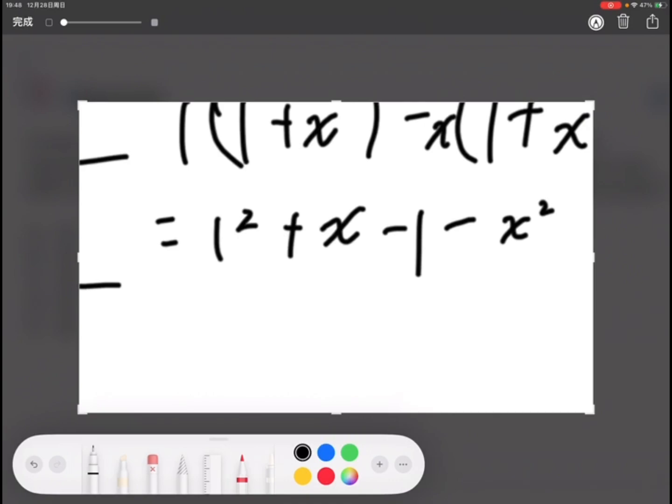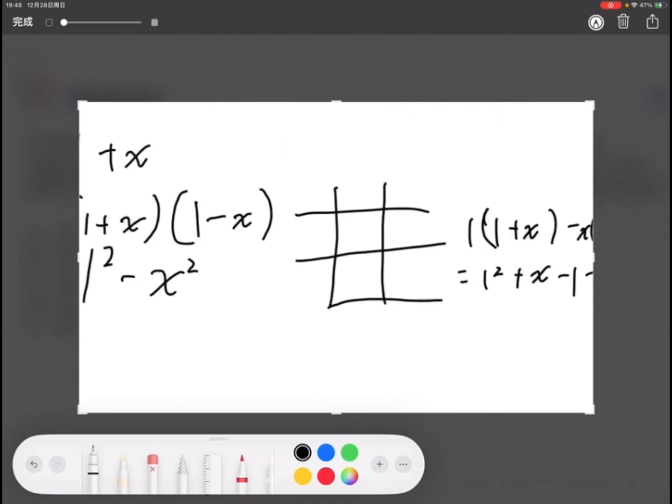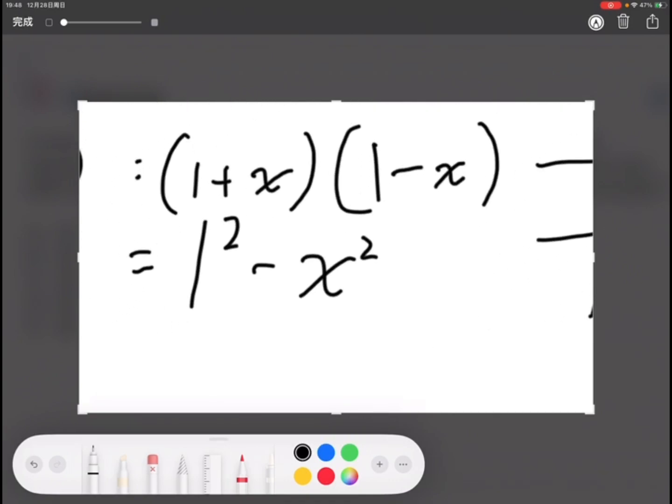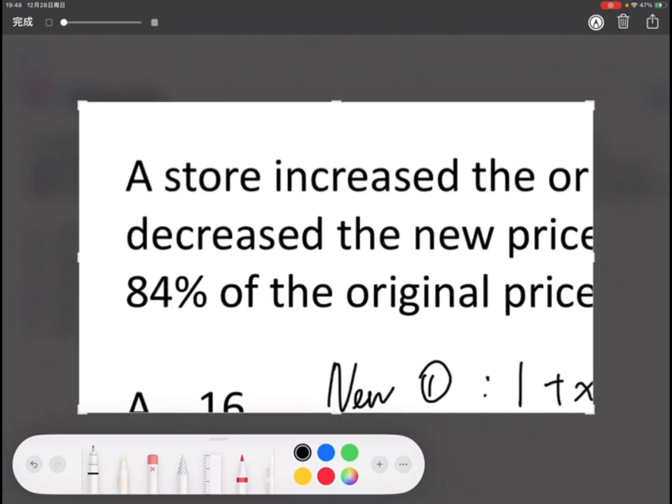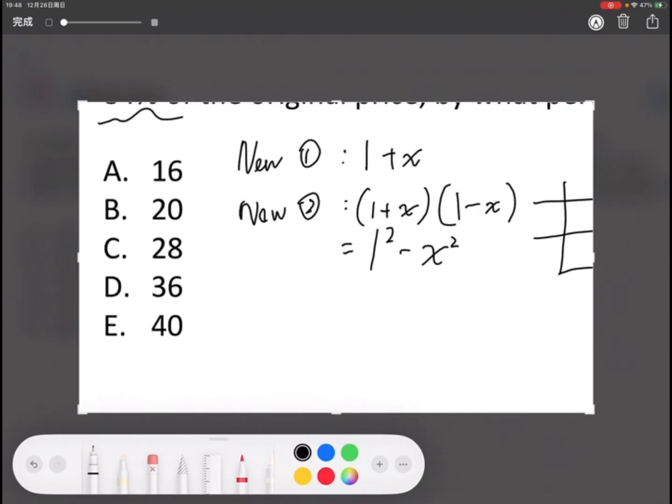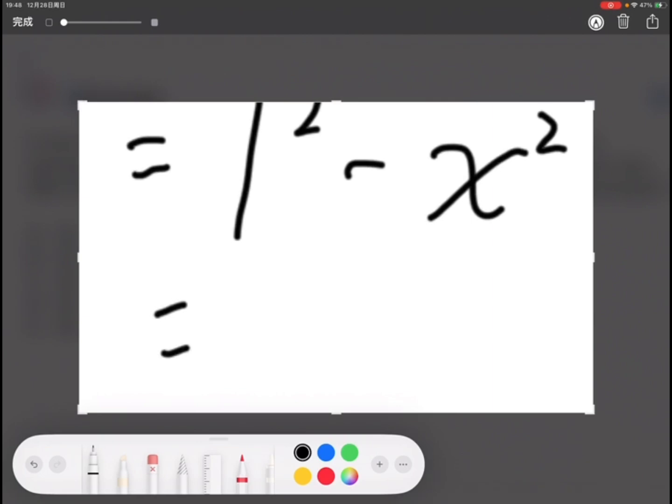And if we simplify that further, we would get 1 squared minus x squared. And according to the question, that would be equal to 0.84.